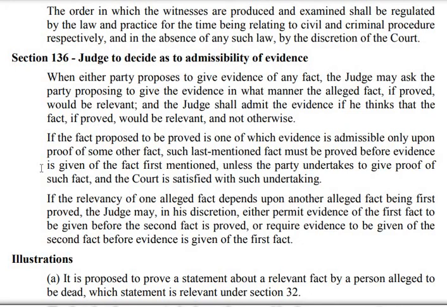Then the party has to first prove the person who has made this declaration is dead, or he may give an undertaking that let me prove the dying declaration first, later on I will prove that the person is dead. And if the court is satisfied with the undertaking, then it may allow to prove the dying declaration first. Later on he can give evidence to prove that the person is dead.